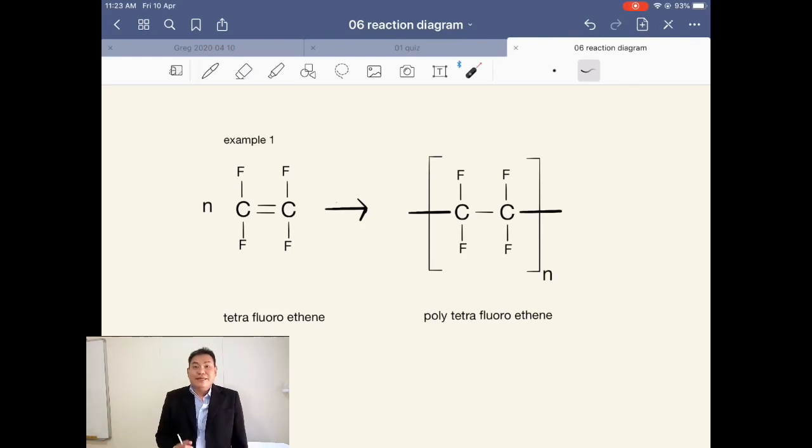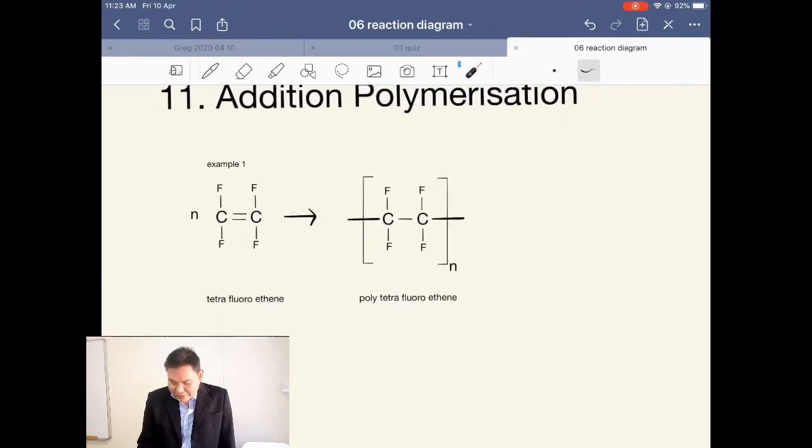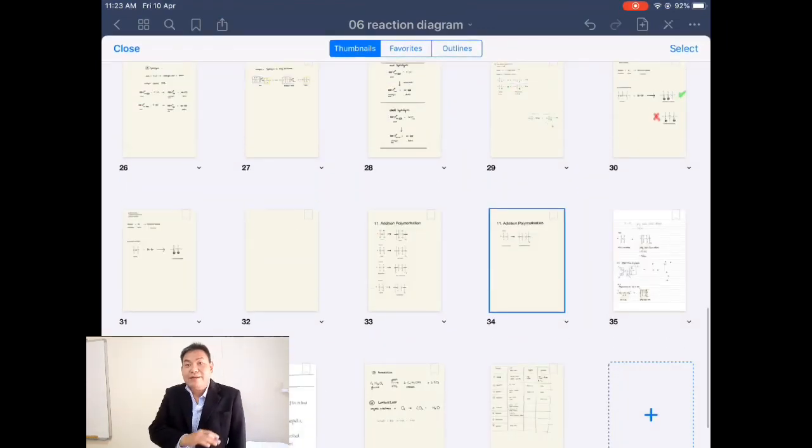So that's it. We have covered all the 11 reactions for organic chemistry. It's not a complete one, but it is good enough for O level, right? So this is the diagram again.